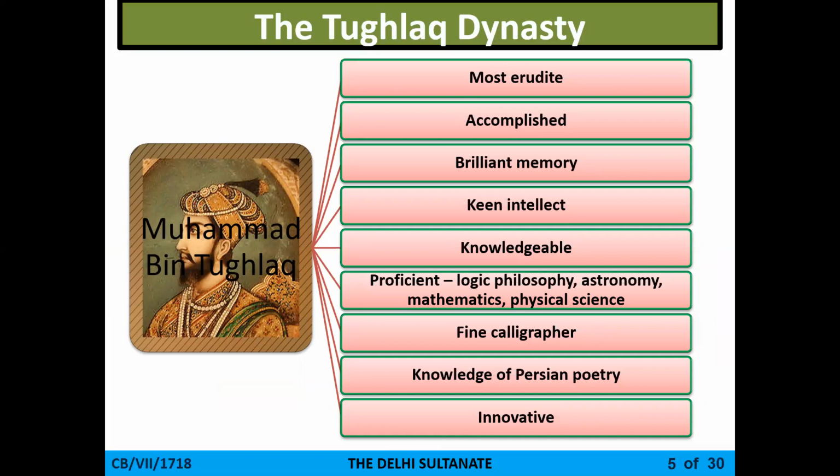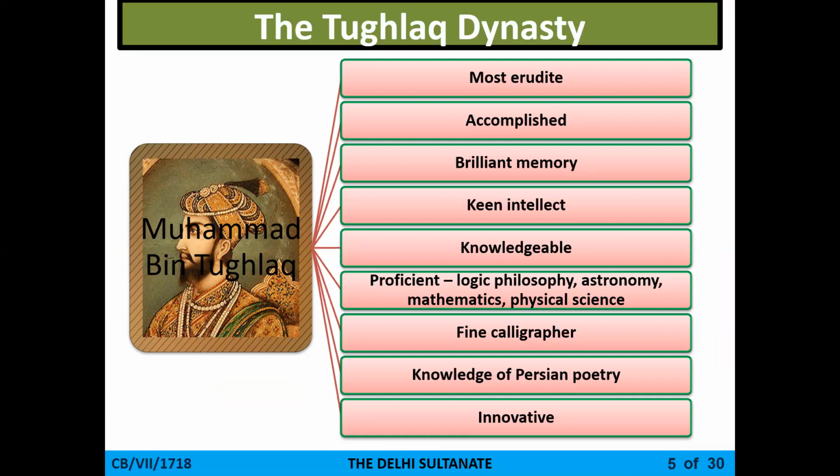Prince Jauna Khan, better known as Muhammad bin Tughlaq, ascended the throne in 1325. He was undoubtedly one of the most erudite and accomplished rulers. Erudite means having great knowledge, and accomplished means highly skilled in any activity.